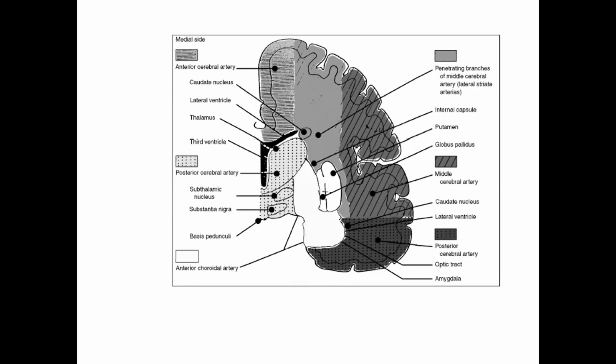Now, if the patient has an anterior cerebral artery lesion, they normally have predominantly lower limb weakness, okay? And if the patient has a middle cerebral artery or internal capsule lesion, they normally have a classic hemiplegia. This is the vascular supply, like an electrical system.